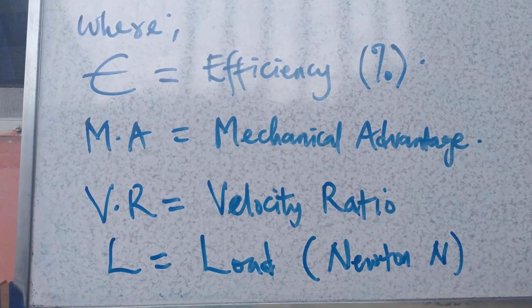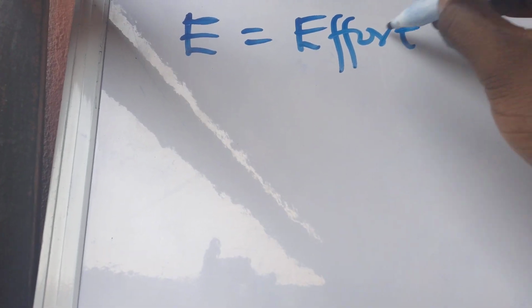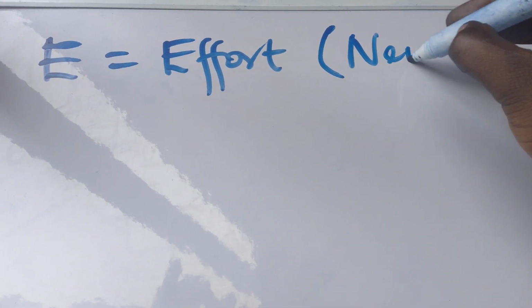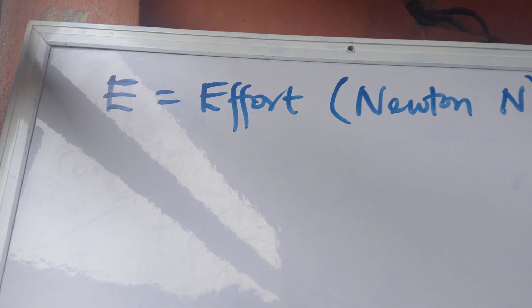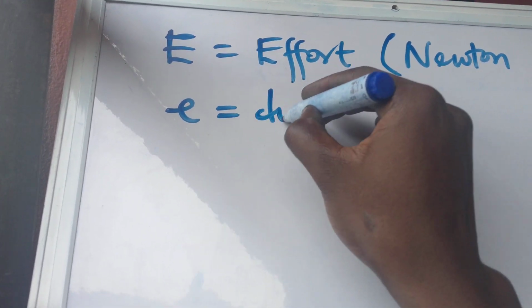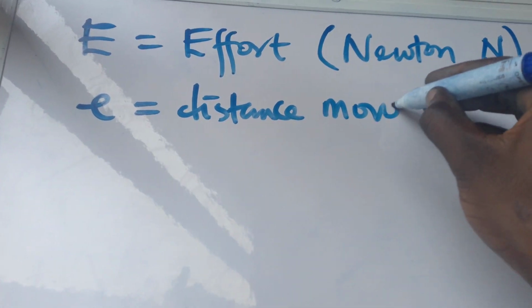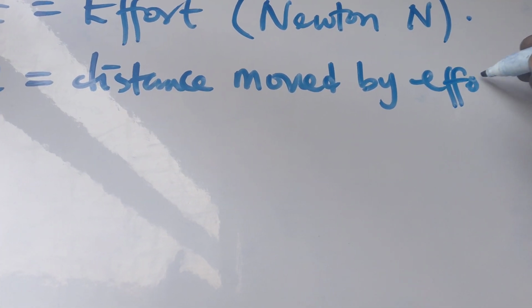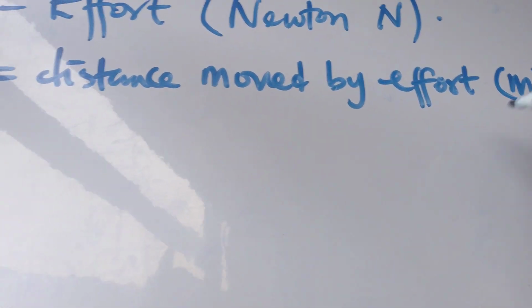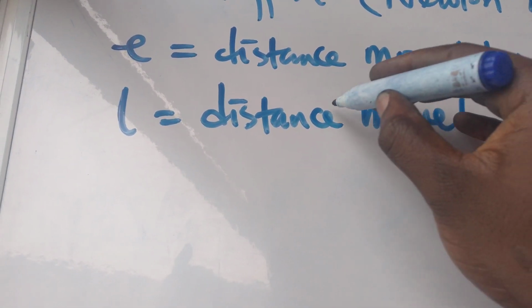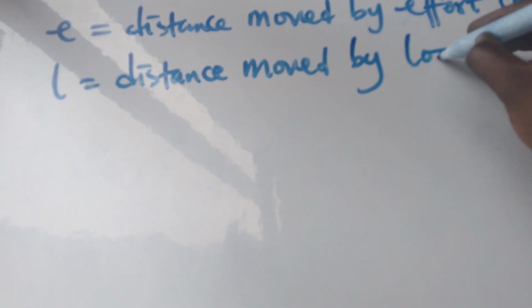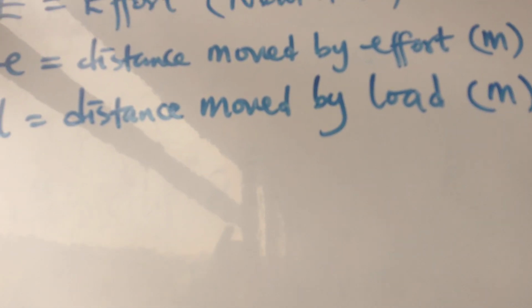Then capital E is the effort, measured in newtons. Then small letter e is distance moved by effort, measured in meters. And small letter l is distance moved by load, measured in meters.